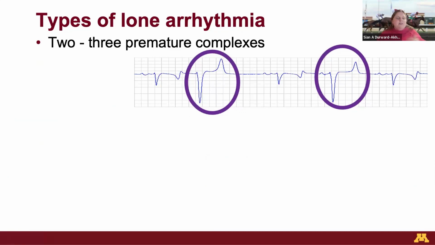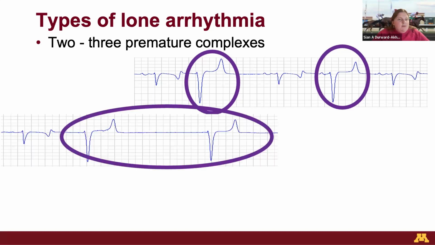And then we start to get into more complicated types of arrhythmia. So this is bigeminy, and this is where every other beat is abnormal. So we can see ventricular premature complexes interspersed between normal complexes that would be expected.